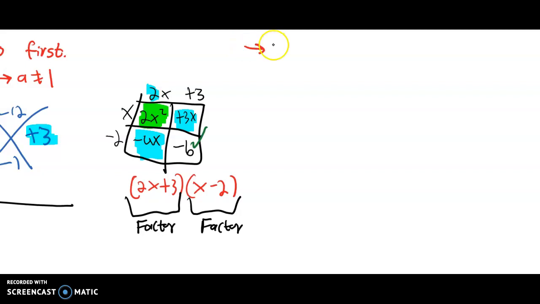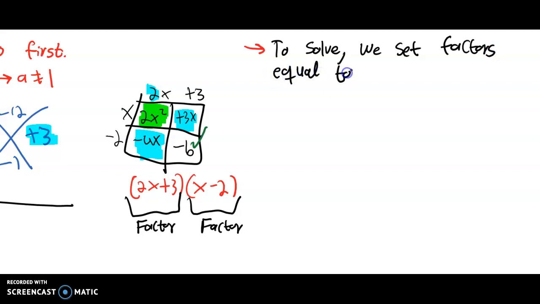Let's write that. To solve, or to find solutions, we set factors equal to 0. Here's what that looks like. We'll take our first guy here. I'm going to say 2x plus 3 equals 0.